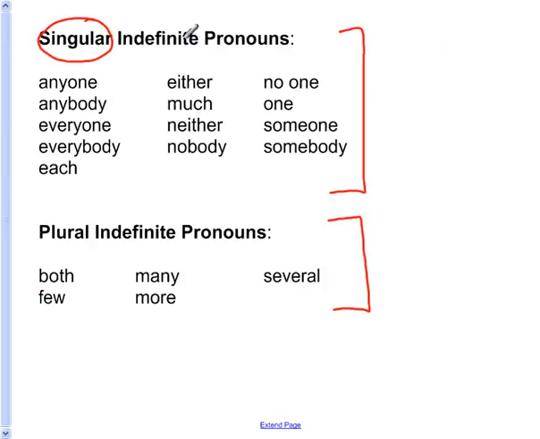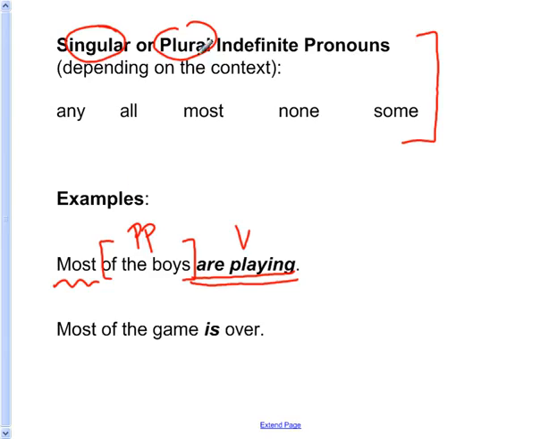So we go to our list. Is it a singular indefinite pronoun? No, we don't see it there. Is it a plural indefinite pronoun? No, we don't see it there. Is it a singular or plural indefinite pronoun? Yes, right there. So we have to look at the context of the sentence. The hint is to go to the prepositional phrase. Is the object in the prepositional phrase, in this case boys, singular or plural?